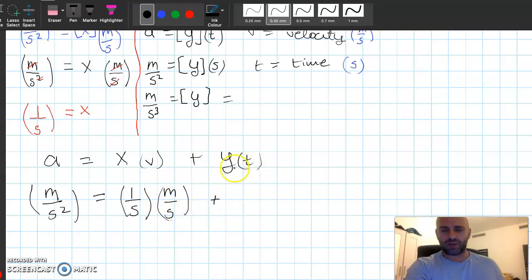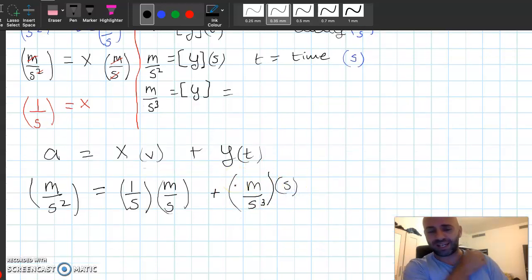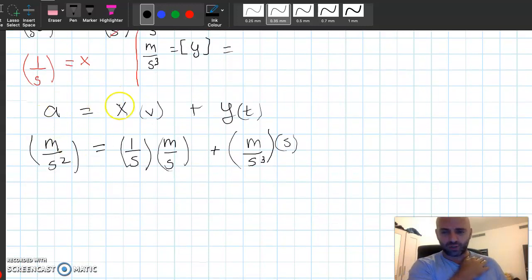Plus I have a y term here, which I've figured out is meters per second cubed. And I know that the quantity of time carries the unit of seconds.